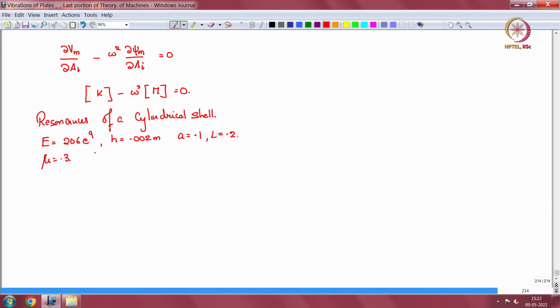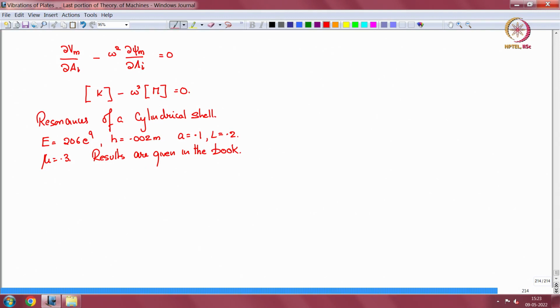Results are given in the book by Soedel, along with actual formulas for quote unquote exact values. Okay, the third order polynomial is solved. Those values are also given, so you can compare with your Rayleigh Ritz method.